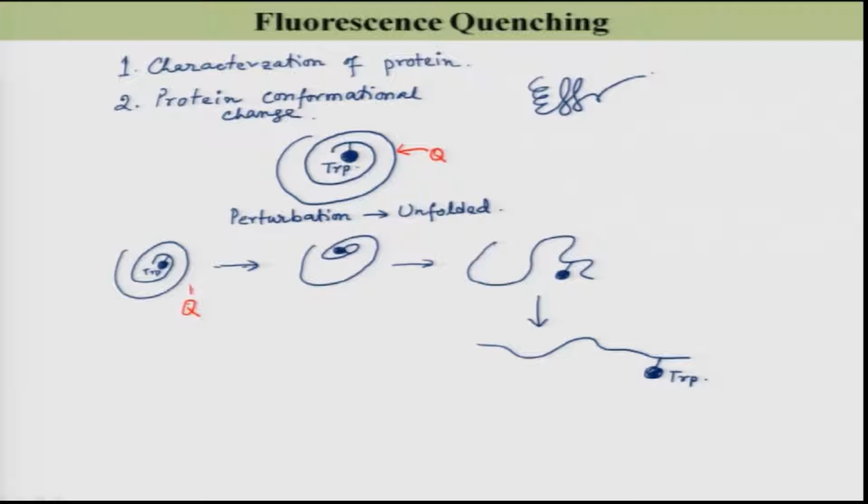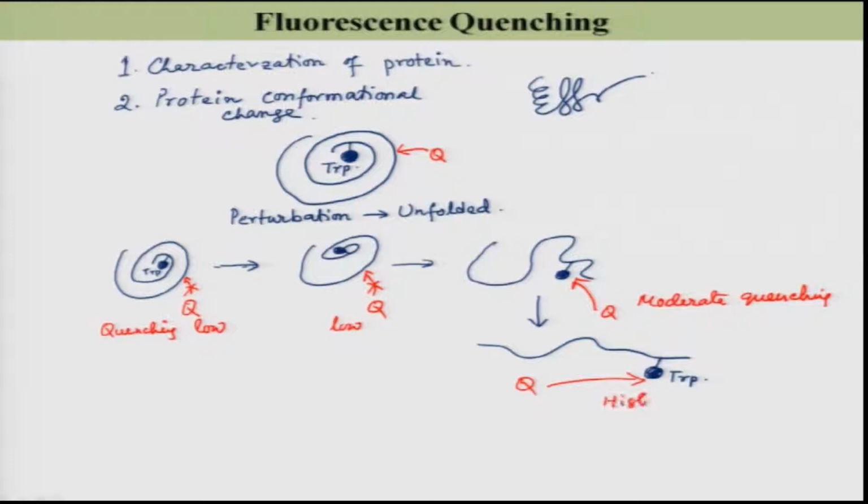In this case the quencher cannot interact with this tryptophan, here also it cannot interact, but here somewhat it can interact, and here the interaction with the tryptophan is quite easy. Now, it tells me that if I do this quenching experiment, here the quenching will be low, here also low, here moderate quenching, but here I will get high quenching of fluorescence.